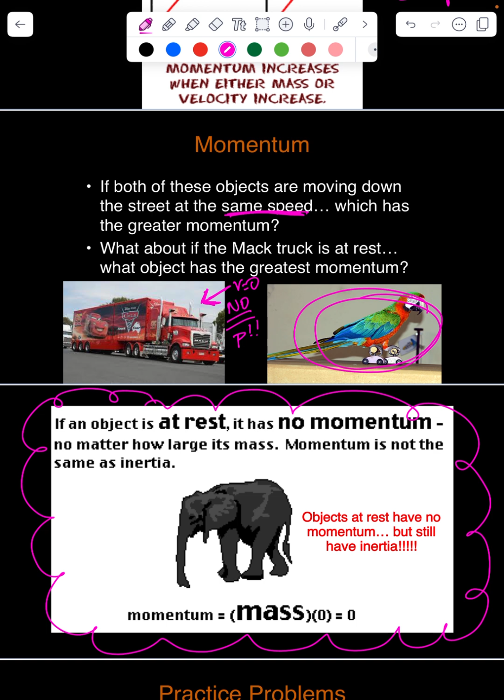Well, is that momentum or is that inertia? The answer is that's inertia. Remember, inertia is an object's tendency to want to continue moving. So that car keeps going due to inertia.